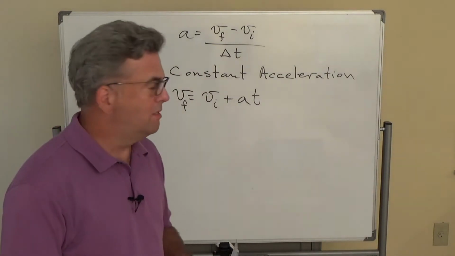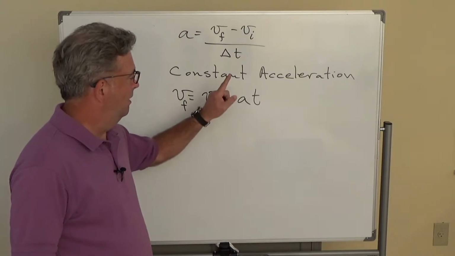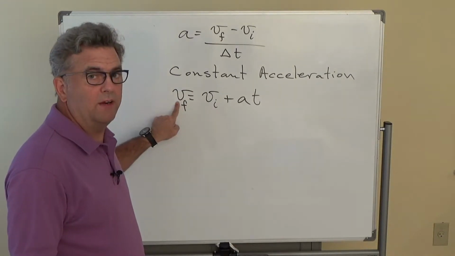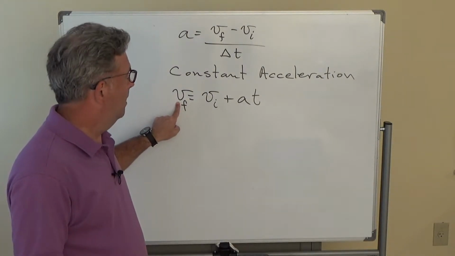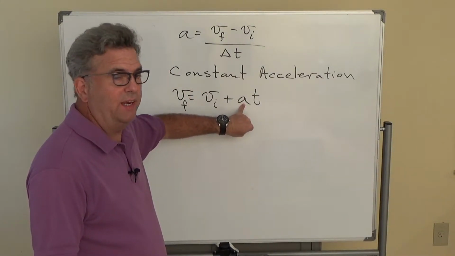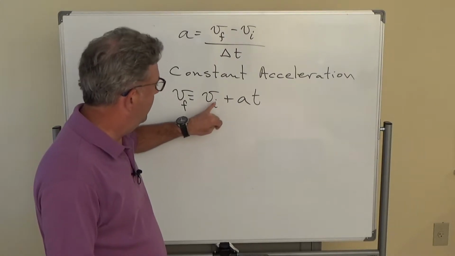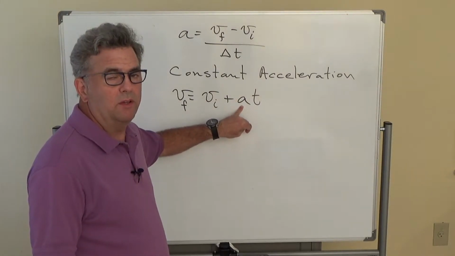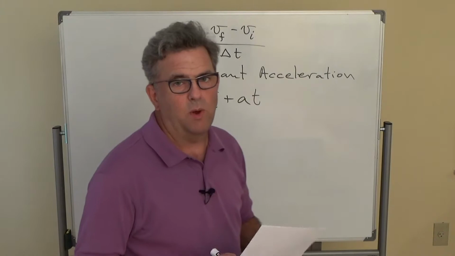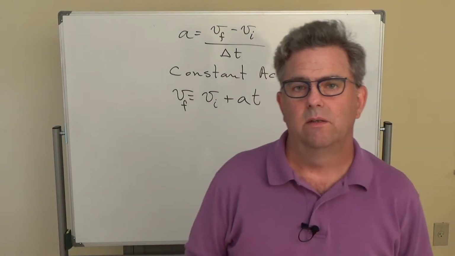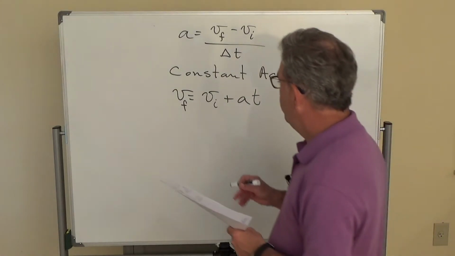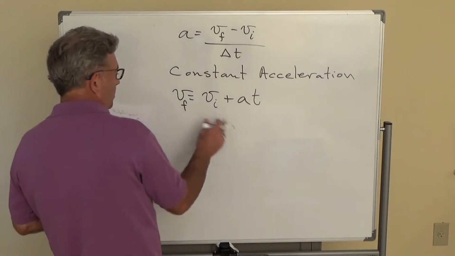This says that if you have an initial velocity and an acceleration times the time, you can find your final velocity. Once again, if that acceleration is negative and this is positive, or the reverse, you have to keep track of that. Time is always positive. That's why we typically just write t. It's a positive number. So this is the constant acceleration velocity equation.